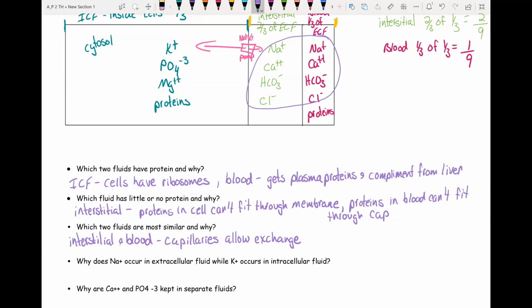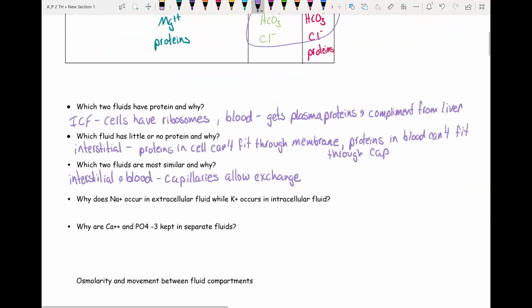Okay, then if you look at sodium and potassium, notice they're kept separate. Potassium is inside the cells, sodium is outside, and that's because cells have sodium-potassium pumps. Those pumps are constantly moving sodium and potassium in opposite directions of each other.